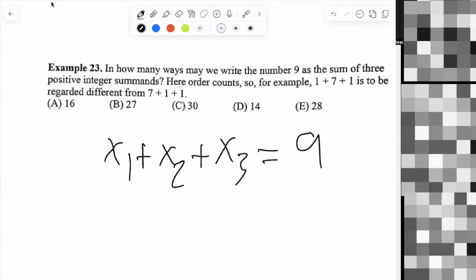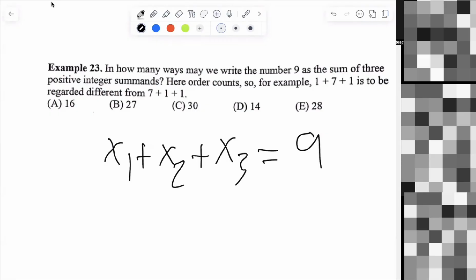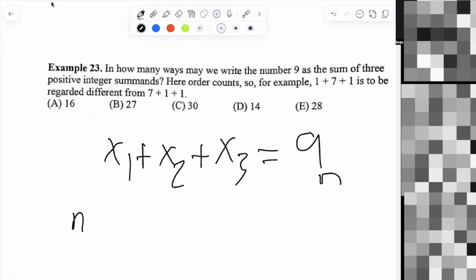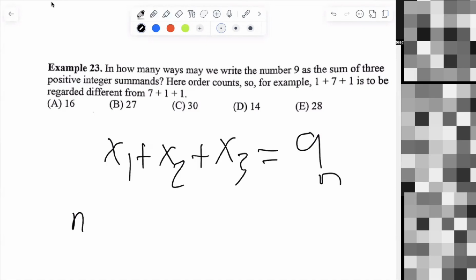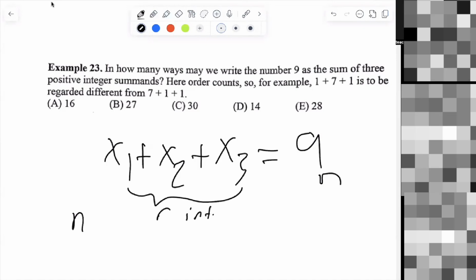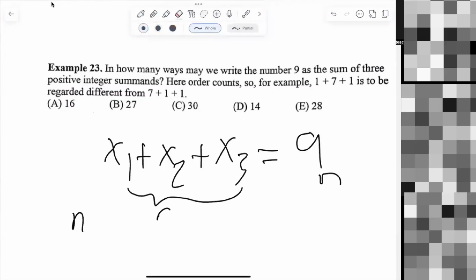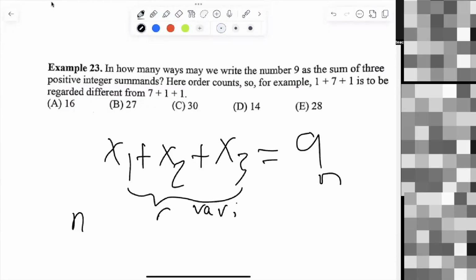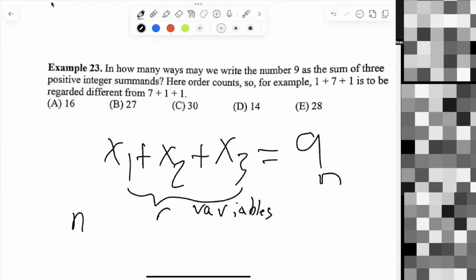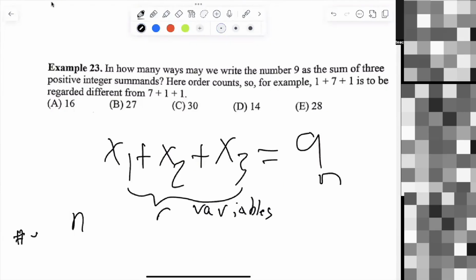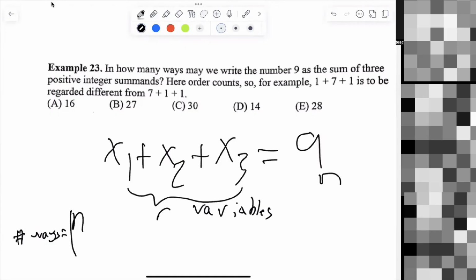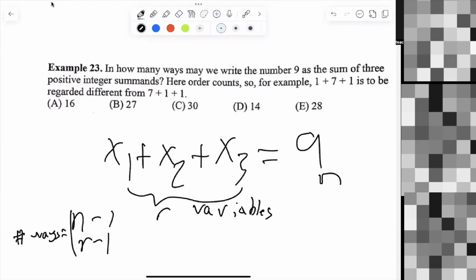It tells us that if n is the total, and there are r variables, then the total number of ways is equal to n minus 1 choose r minus 1.